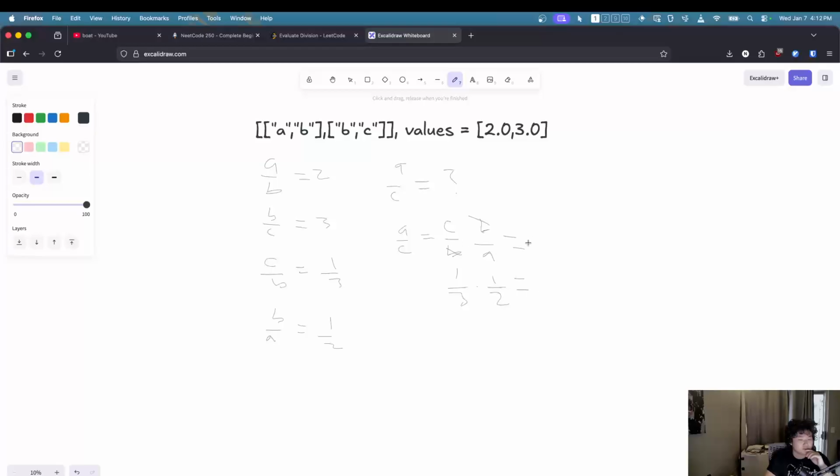Yeah, C over A, which is 1 over 6. So 1 over 6, we can say A over C is equal to 6. Yeah. I mean, we have that, so that was kind of weird.